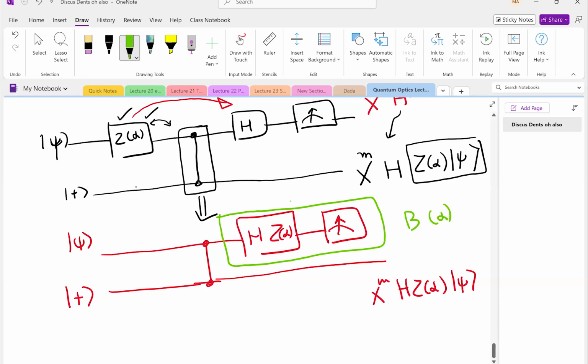So you measure in a particular basis and your outcome is some kind of unitary operation acting locally on your qubit.